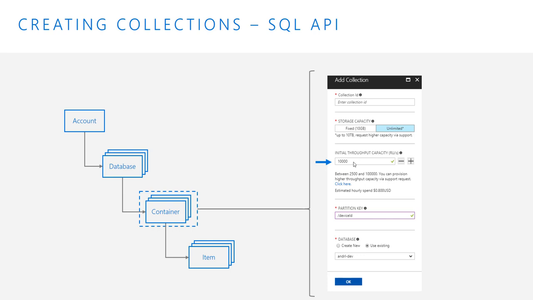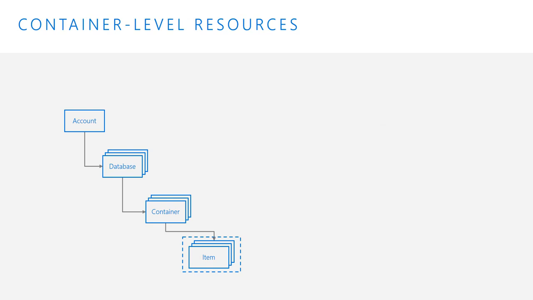You can put whatever you want, but you can change this later on also. So if you started with 1000 RU per second, and later on you realize, oh, I need 5000 or 10,000, you can change that too. And then you just define your partition key. We'll go into more depth about the partition key. That's it. And then you click OK and your collection is created.